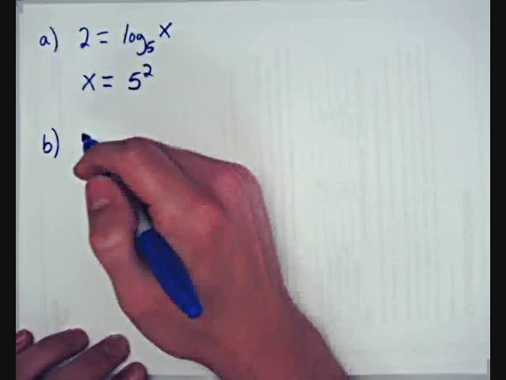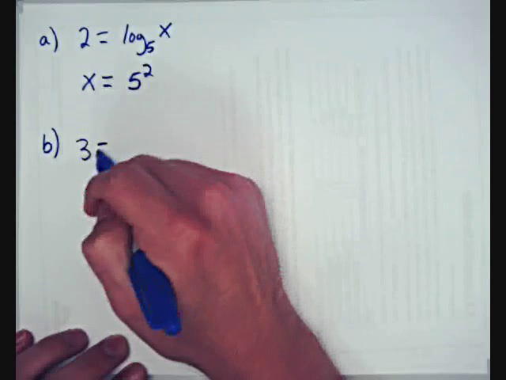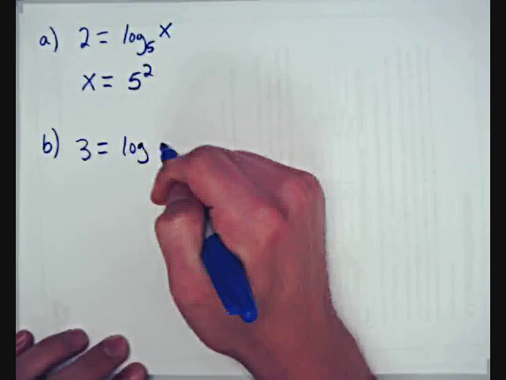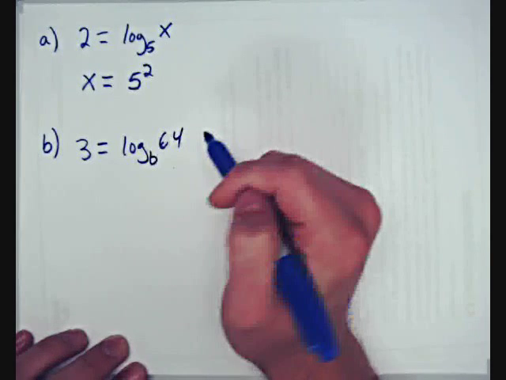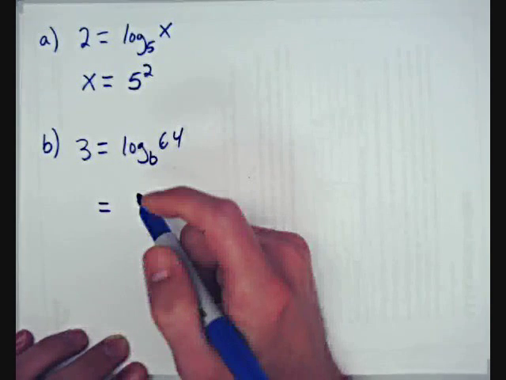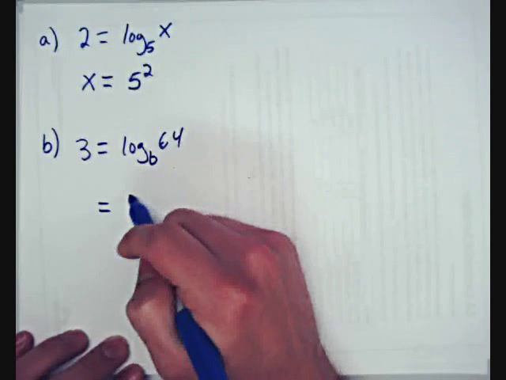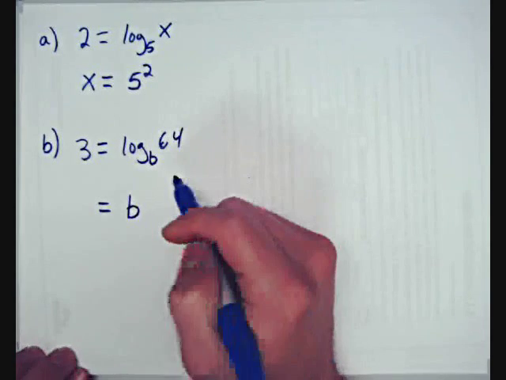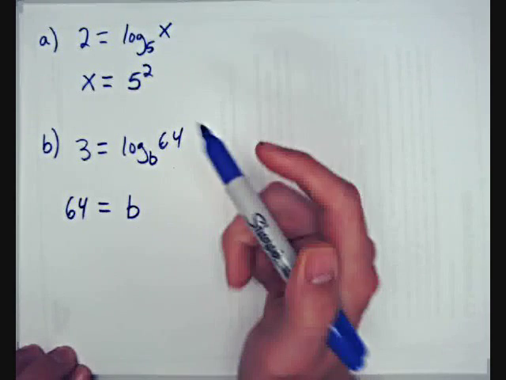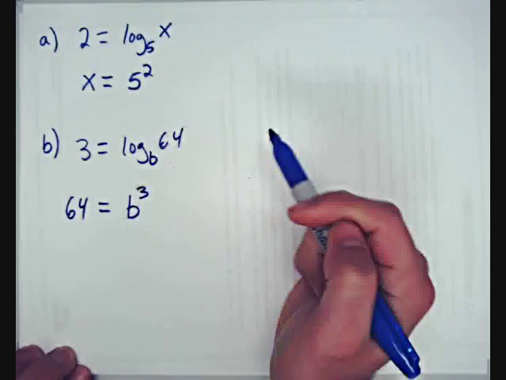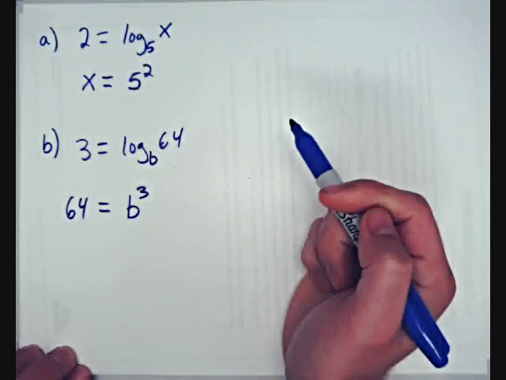Part B, we have 3 equals the log of 64 with base b. So again, to write the exponential form, the base of the log becomes the base of the exponent. 64 switches sides, it's alone now. 3 switches sides and becomes the exponent on the base.